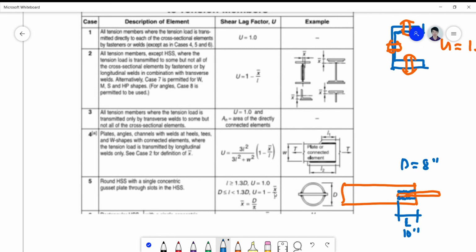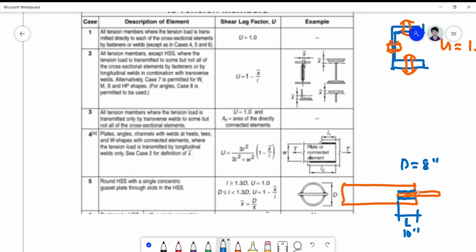So it depends upon how your interfacing element is connected. If it is connected at the middle or somewhere above the middle of your circular section, then X bar is measured from there. Okay, so X bar is always measured from the centroid of the connecting member to the interface.